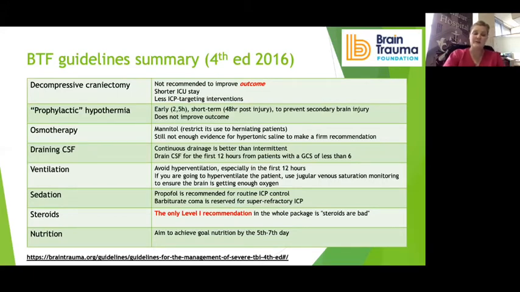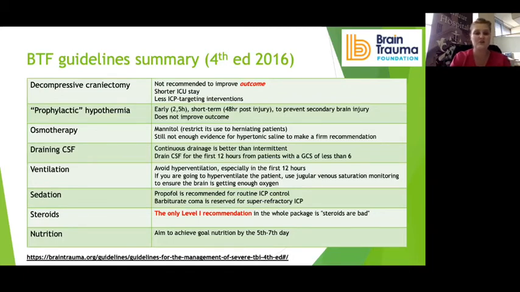There are also some recommendations on draining CSF. So if you do manage to get an EVD into a severely swollen brain that almost has unhittable ventricular sizes, there are recommendations on whether it's better to leave the EVD clamped and only open it when the ICPs go higher, or whether you should set the EVD at a certain height and leave it open on continuous drainage.